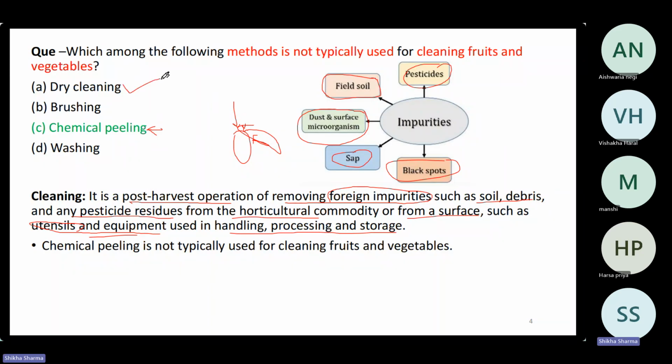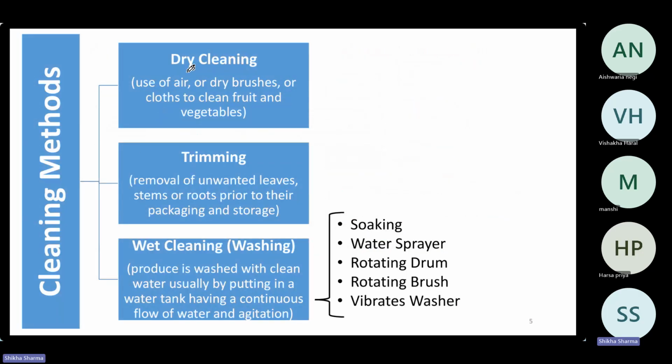So cleaning includes dry cleaning, brushing, and washing, not peeling. Peeling does not come under cleaning of fruits and vegetables, so this answer is wrong. Others are cleaning methods. There are three different cleaning methods. One is dry cleaning, in which we can use air and dry brushes or cloths to clean fruits and vegetables.